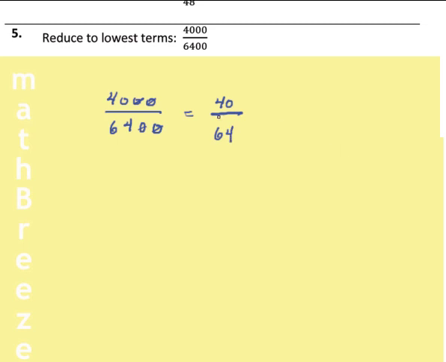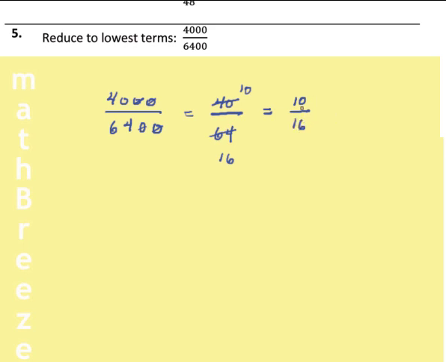Now, maybe at this point, we'll divide top and bottom by 4. 4 into 40 is 10, and 4 into 64 is 16. So we've reduced our fraction to 10 over 16.